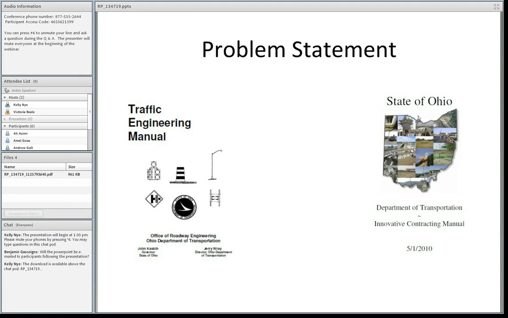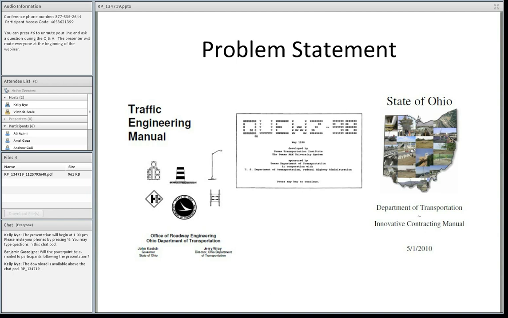And within that traffic engineering manual, the procedure includes not only the use of QUEWZ, but an existing queue calculation worksheet for freeway work zones.